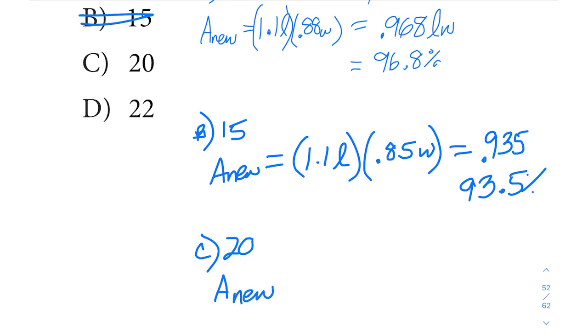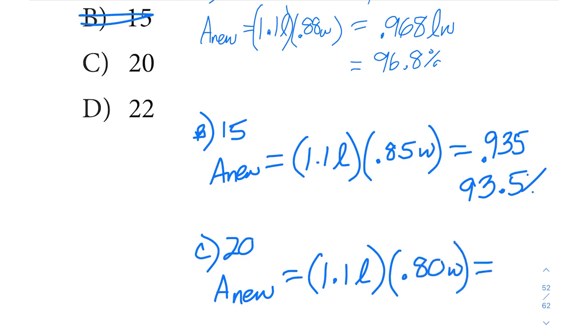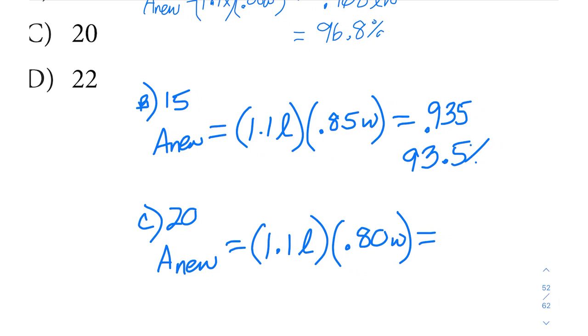Let's test out answer choice C here. Our new area, again, the change to the length is not changing for any of these. That's always a 10% change. And then if we now have a width that was decreased by 20, that's like saying we're multiplying it by 0.80. And when we multiply that out, 0.8 times 1.1, well, guess what?